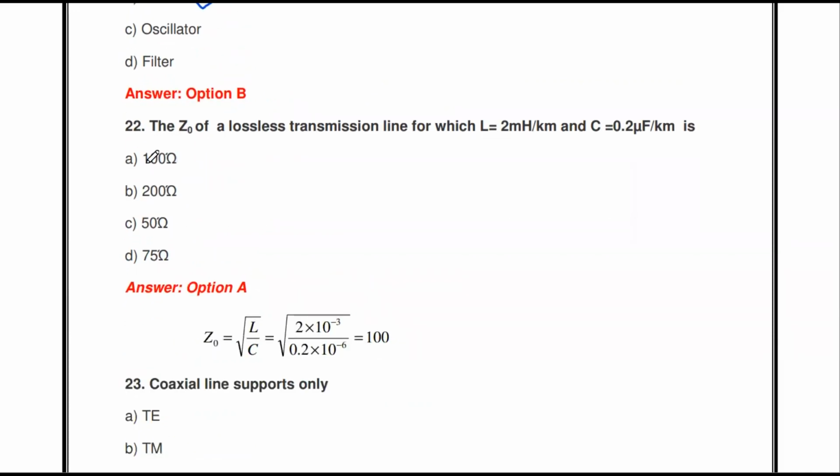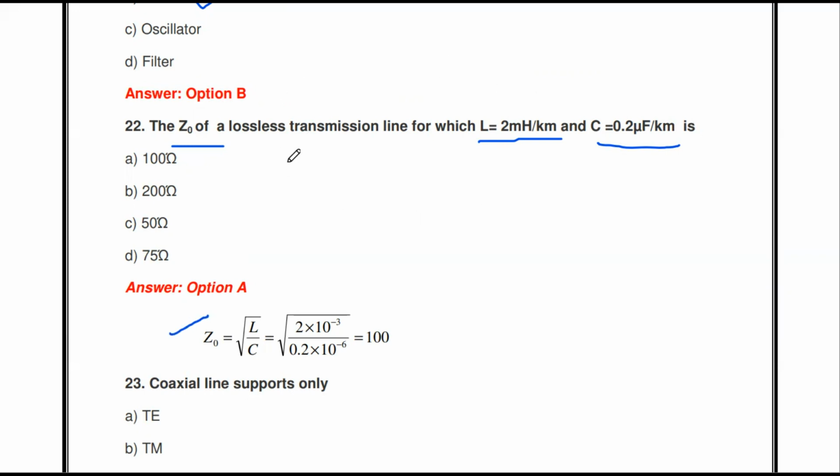Then the next question. Z naught is the characteristic impedance. The characteristic impedance of a lossless transmission line for which L equals 2 millihenry per kilometer and C equals 0.2 microfarad per kilometer is dash. Here we have to find the characteristic impedance Z naught.